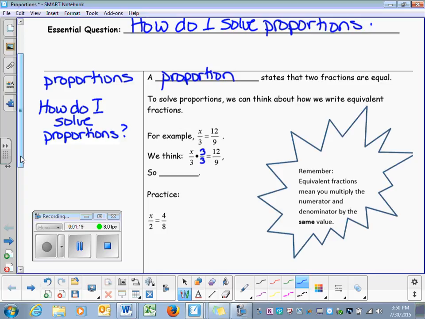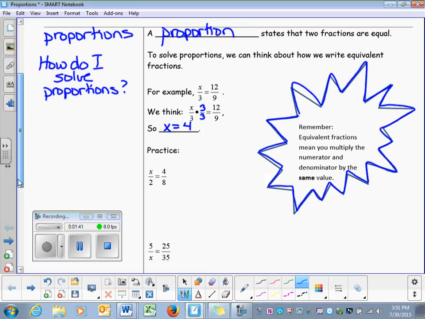Now I need to stop and think, what times 3 equals 12? 4. So x equals 4. Keep this in mind. With equivalent fractions, you have to multiply your numerator and your denominator by the same value.